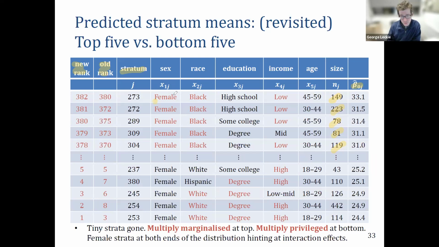So we've got females and black and low income appearing, and females appearing across the board actually, and they're all black, the top 5, and quite a lot of low income. But we don't have any school dropouts here, and we don't have young individuals. But remember, whether you're marginalized or privileged in terms of sex, race, education, income, and age, some of these link more with BMI than others. We had that discussion earlier.